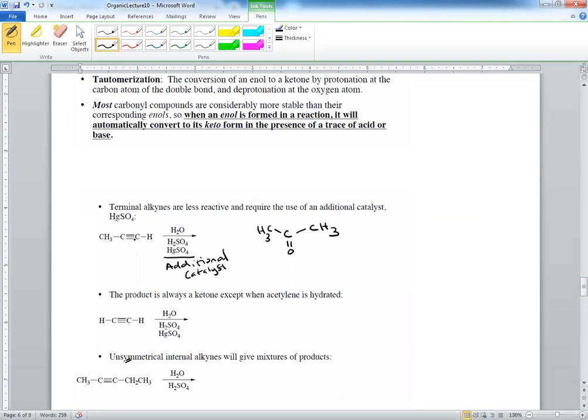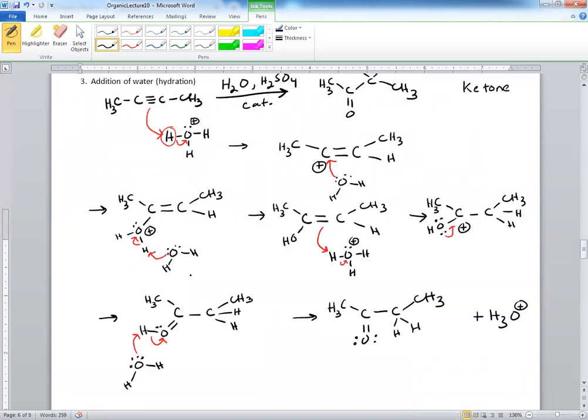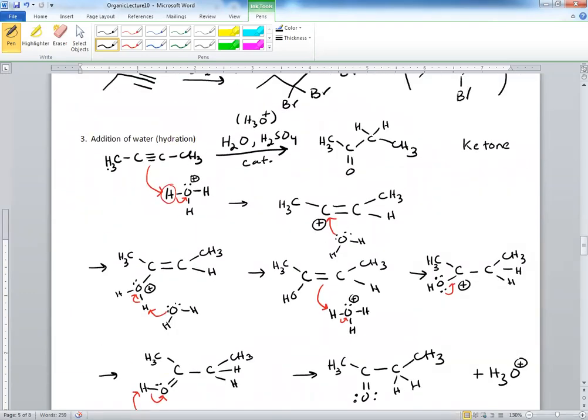So you need the HgSO4 for terminal alkynes. You don't need it for internal alkynes.